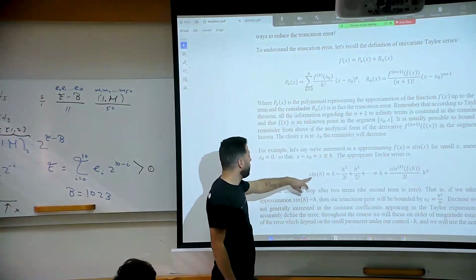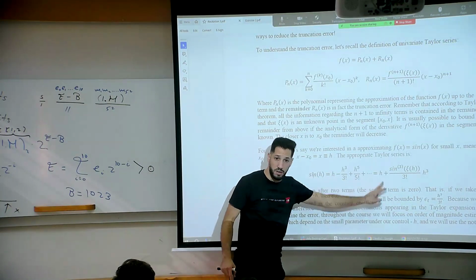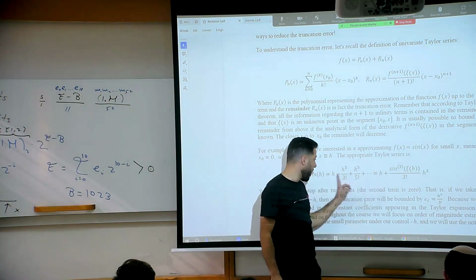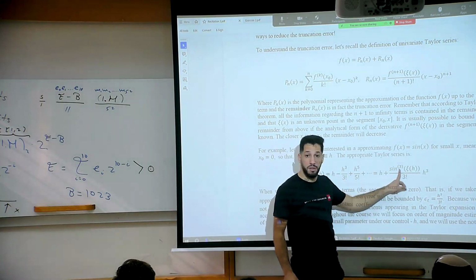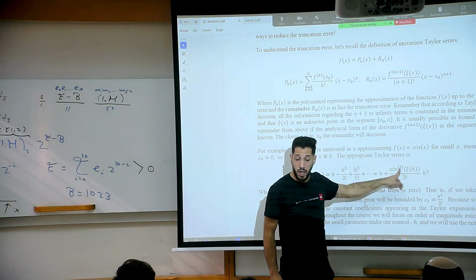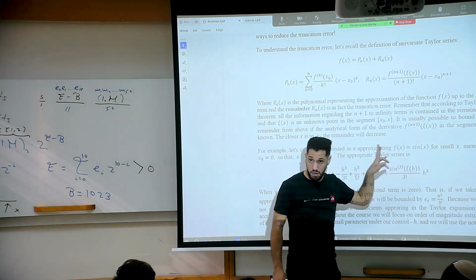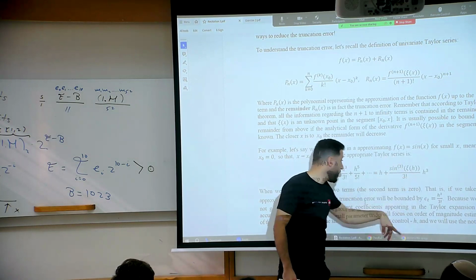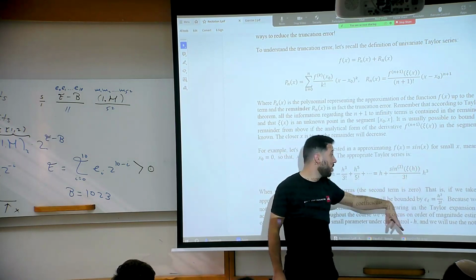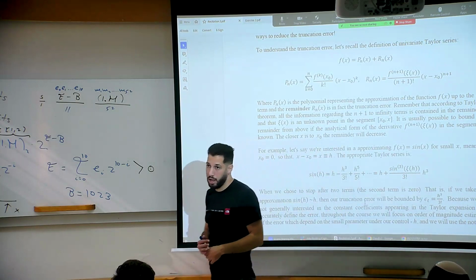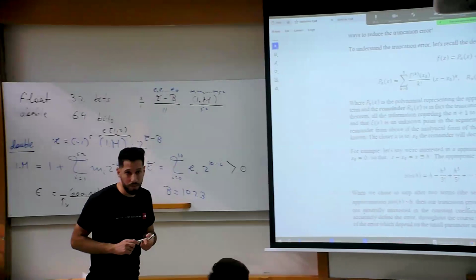And we know that the sine of h equals this infinite sum. We can also say it equals h plus the third derivative of the sine calculated at some number between 0 and h, divided by 3 factorial, multiplied by h cubed.